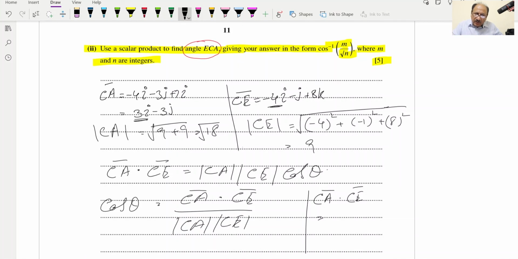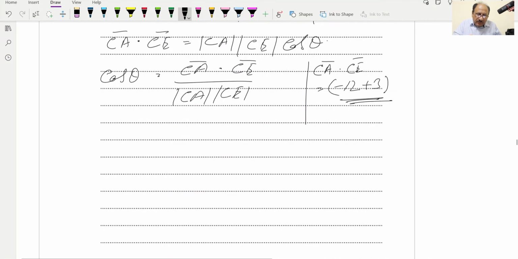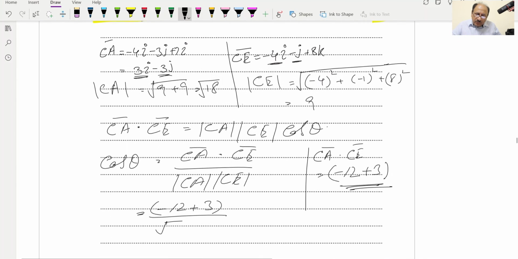3i multiplied by minus 4 will be minus 12, and then minus 3j multiplied by minus 1 will be plus 3, and k, there is no k in CA, so we will leave that one. So this will be our CA dot CE, so we can replace this one. It will be minus 12 plus 3 over the magnitudes which we found, root 18 and 9.